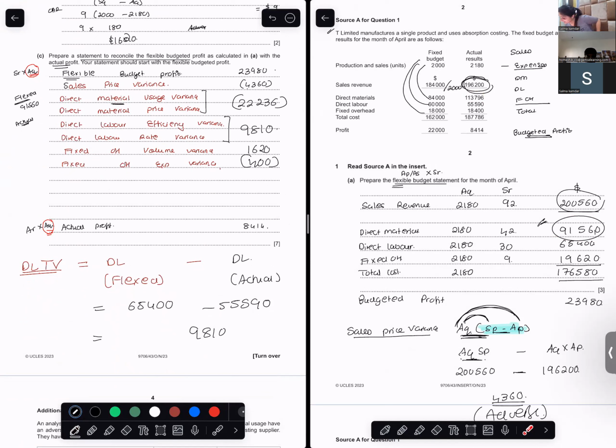Miss, how do you get that again? Fixed overhead expenditure variance. We calculated, right? Yeah, we did. So I just wrote it. Oh, okay. Right, right. My bad.